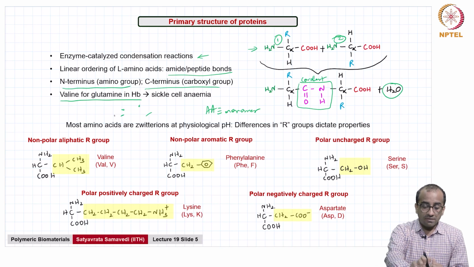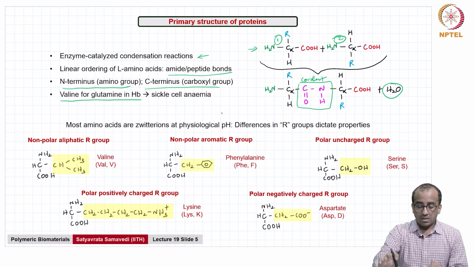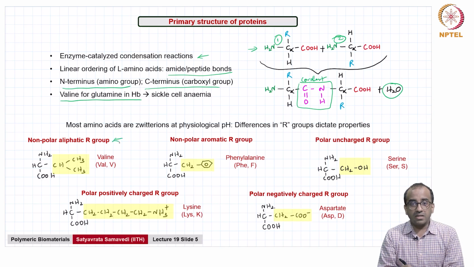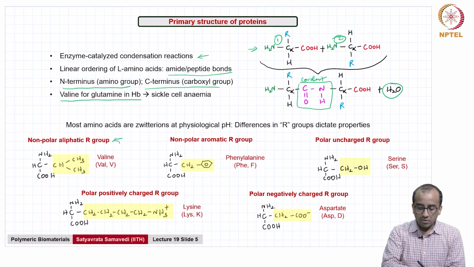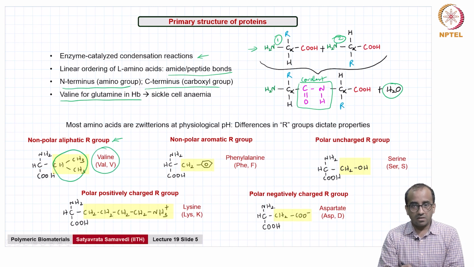The first category we will look at is a group of amino acids which have a non-polar aliphatic R group. The R groups in all these amino acids are highlighted in yellow, and for the amino acid shown here, valine, this group is aliphatic, there is no aromatic ring, and it is non-polar. That should be obvious just looking at the methyl groups.